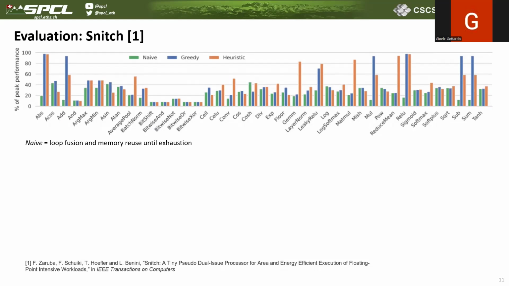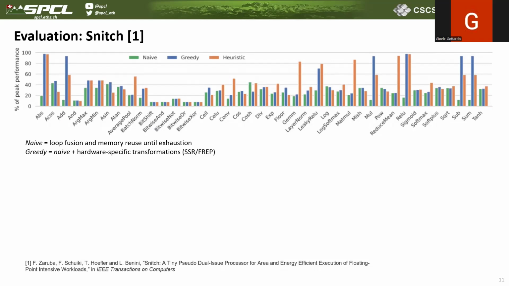Here we show first a naive strategy, where we use only non-hardware-specific transformations. And we also show a greedy strategy where we greedily select all the available transformations, including the hardware-specific ones for the Snitch architecture.